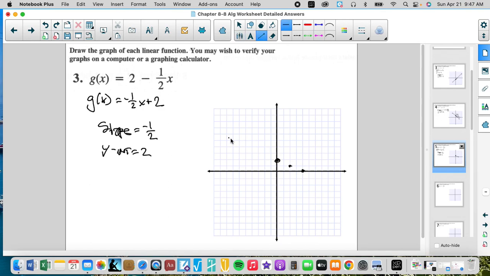Connect the dots. Arrows. And that shows all of the solutions. So yeah, that's good. That's going to show all the solutions to this function.